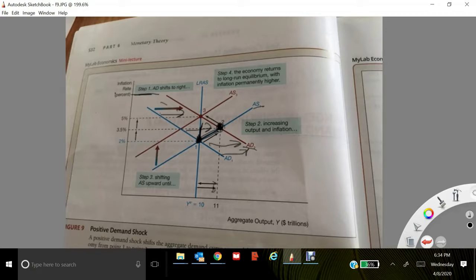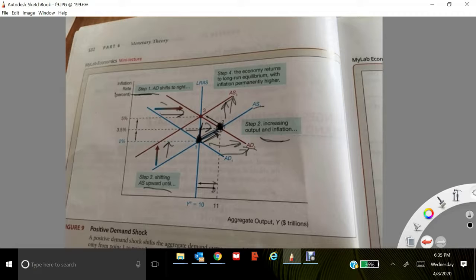As we saw before, when that occurs, we have an increase in inflationary expectations, which causes a shift up in the aggregate supply curve, okay? That's step 2. Step 2 is going from 1 to 2 along the original supply curve.